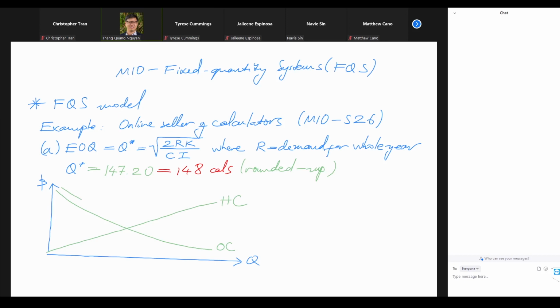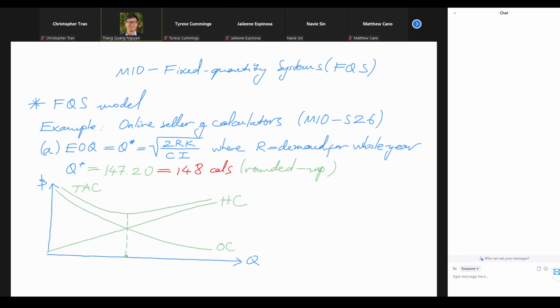And as a manager, we are interested in the total of these two costs, and we call that the total annual cost. So the minimum point on this curve, maybe I do not draw it totally correct, the lowest point of the cost curve is right here. And that's supposed to be our Q star, right?